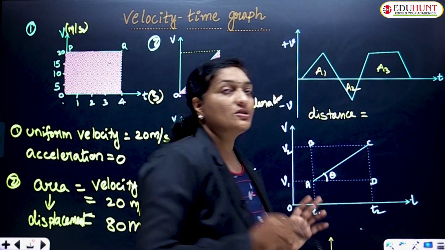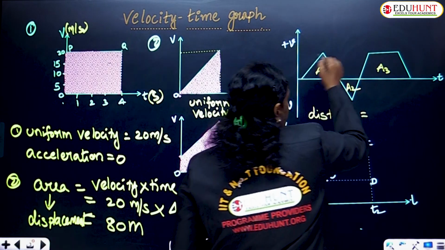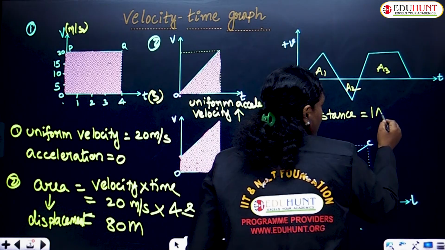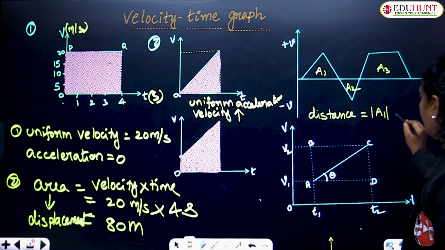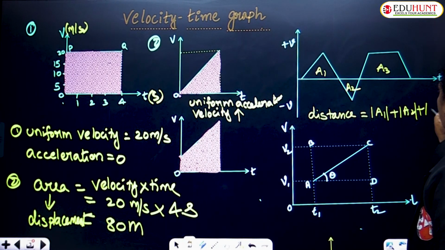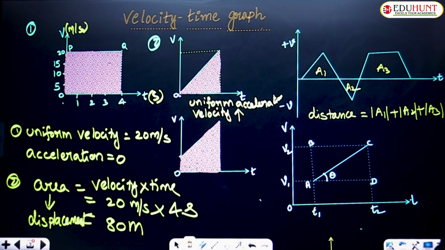If you take distance, you know that is always positive. Whether you get a positive value or a negative value, you must always consider the magnitude of that. Magnitude means only positive area. Again, positive area 2 and positive area 3, this total value gives the distance covered by the body.